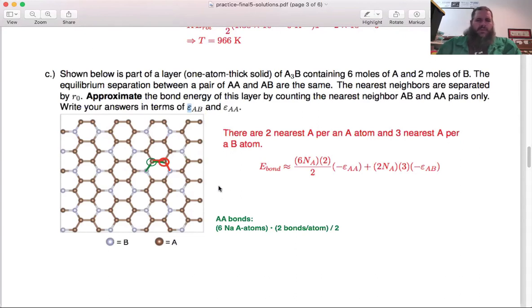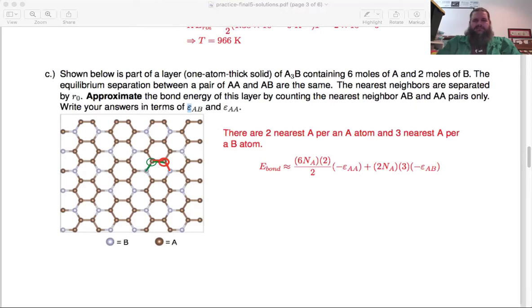Okay, so that means each one of these bonds has an energy of negative epsilon AA. So the energy of all those bonds is going to be negative epsilon AA times the number of bonds of that type, which looks like 6 times Avogadro's number. So 6 times Avogadro's number of bonds of that type times the energy per bond, which is negative epsilon AA.